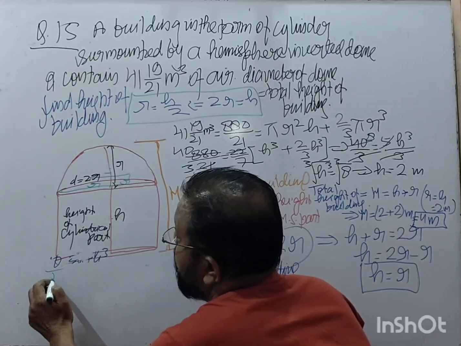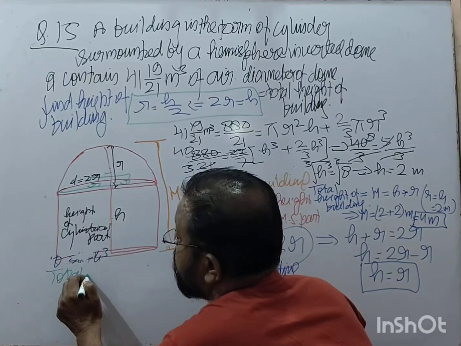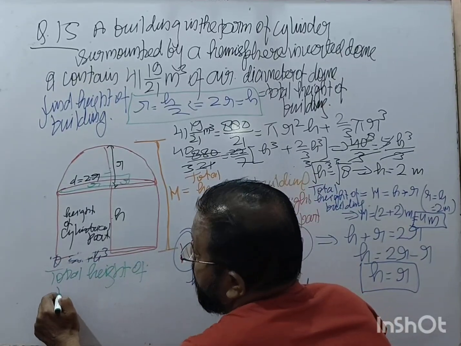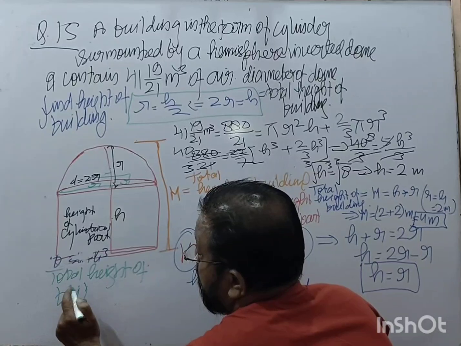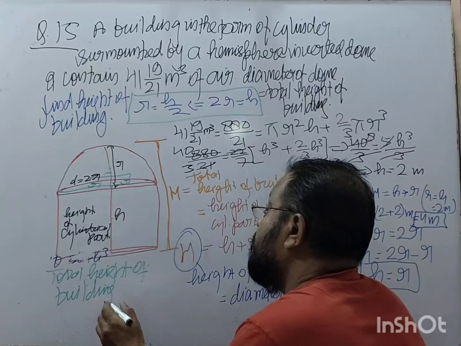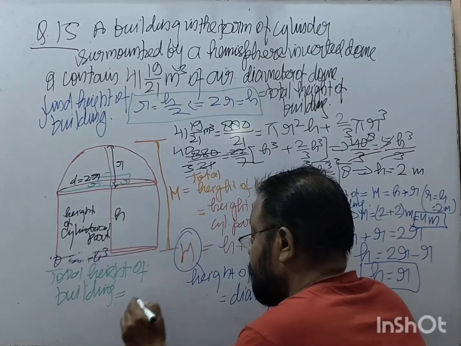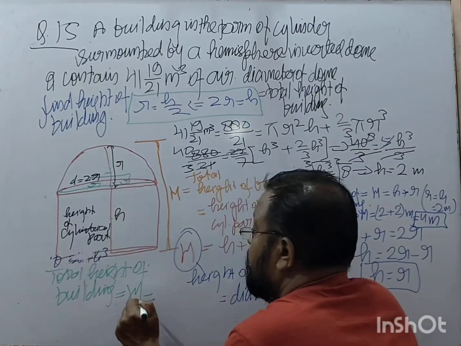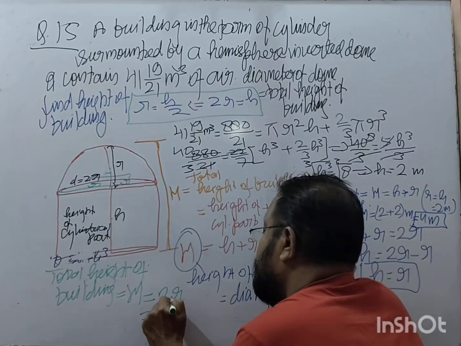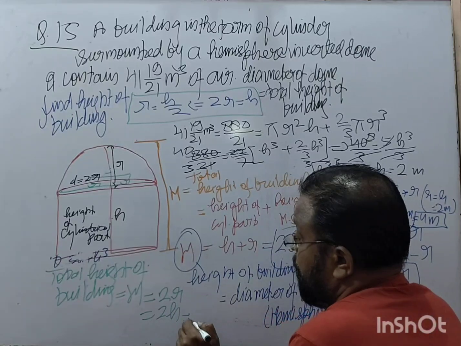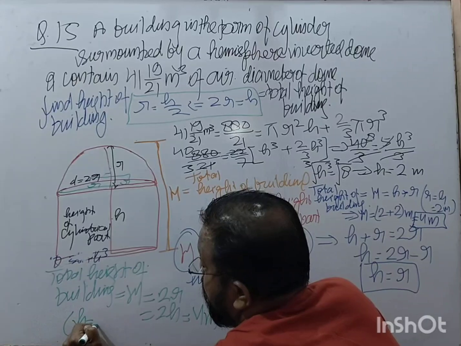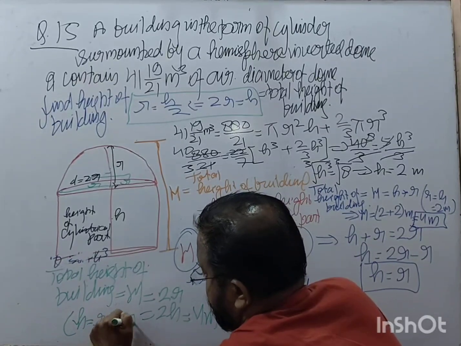So total height of building is equal to 2h is equal to 4 meter, where h is equal to r is equal to 2 meter.